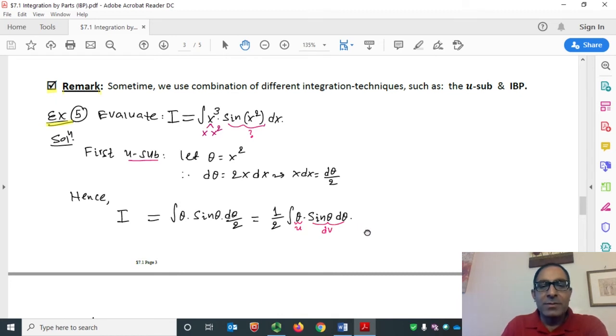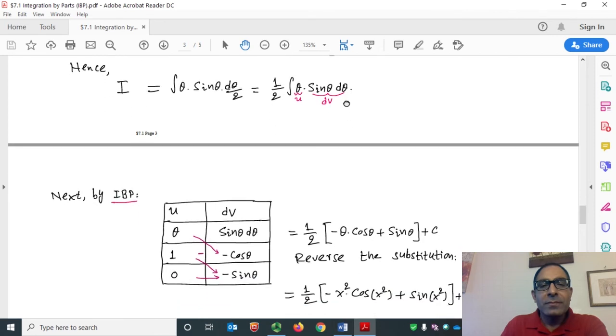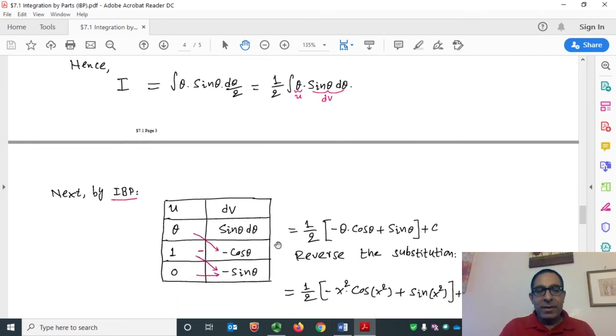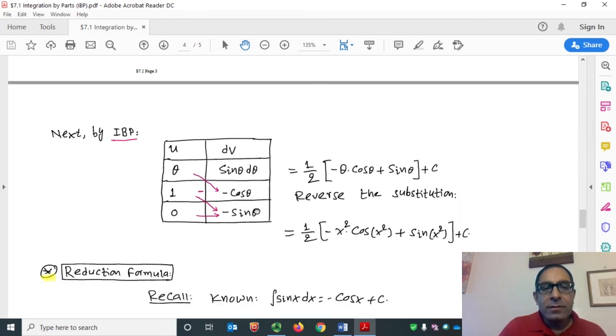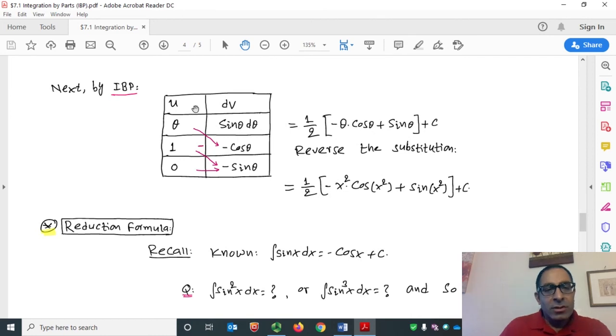Great. Let me scroll down. So then let's apply IBP, make our table. First column u column, second column dv column, pick u equals theta, then dv equals sine theta d theta. That's better. Then under the u column, take the derivative of theta.